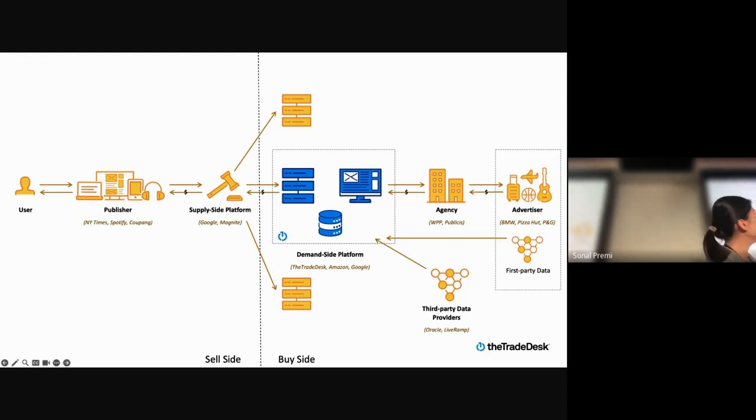And then they come to a demand side platform, Trade Desk being one of them, and say, I want to target females aged 21 to 35 who are interested in pets. And here is the budget, here is the ad content, which we call the creative, and go serve it. So this is the whole chain, and every single ad you see is catered and personalized to you.